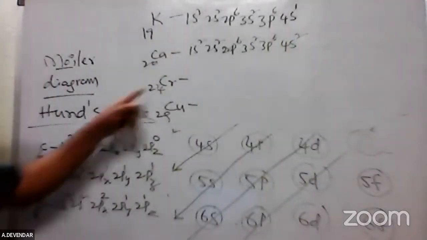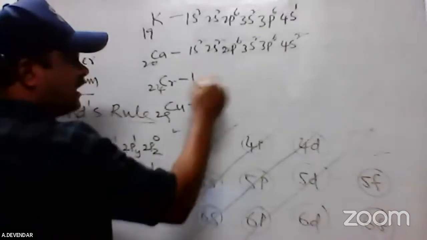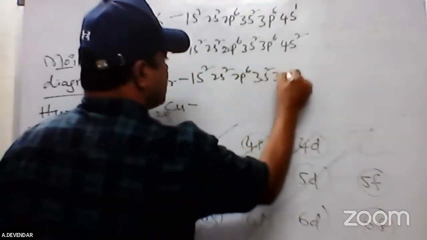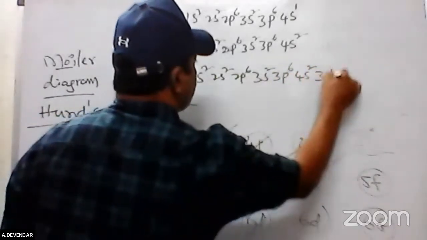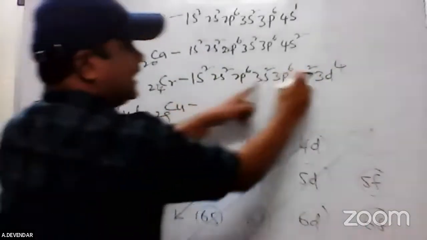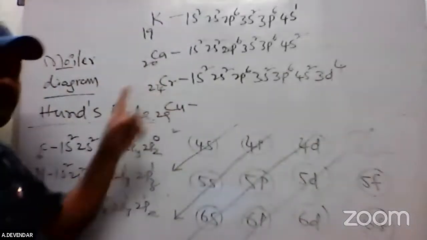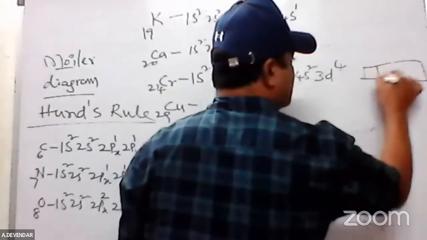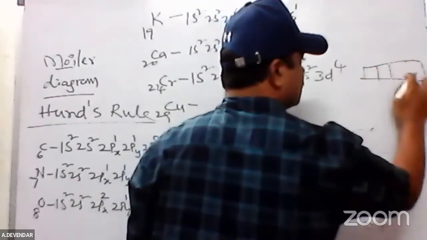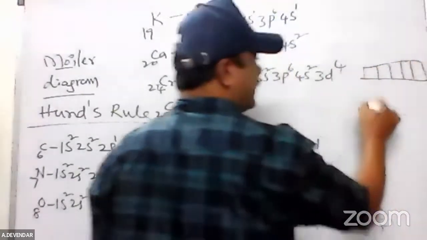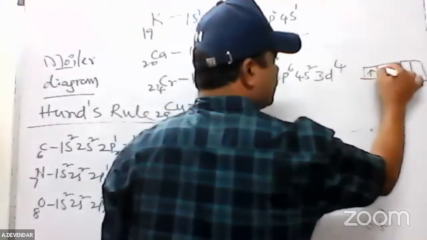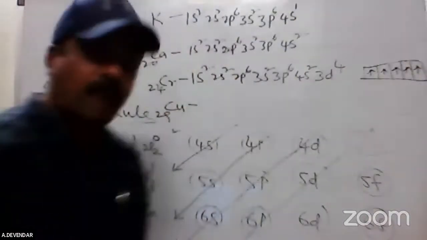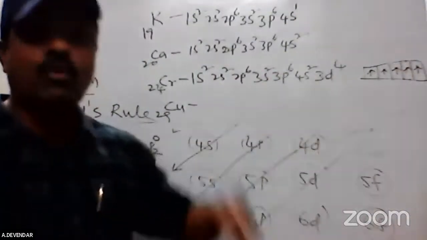Right, friends? Chromium. According to the normal rule, this is 1s2, 2s2, 2p6, 3s2, 3p6, 4s2, 3d4. Why? Because it is the 24th element. But the d orbital has 5 orientations. Here 4 electrons are present. If a d orbital has 5 electrons, it is half-filled and more stable.